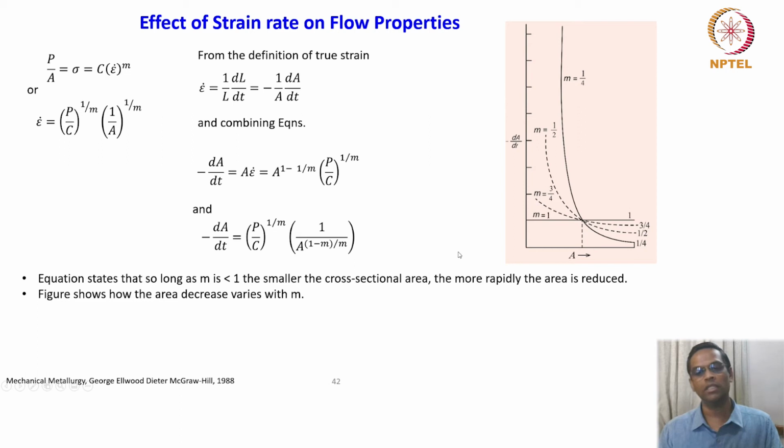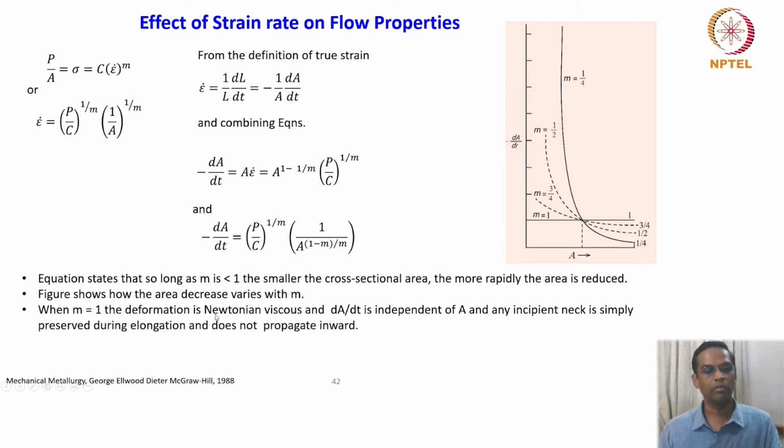For M equal to 1, this is almost a constant, so there is no area reduction. Reduction is not an issue here. But on the other hand, if you have M equal to 3 by 4, M equal to 1 by 2, M equal to 1 by 4, then you can see the influence on the area reduction.